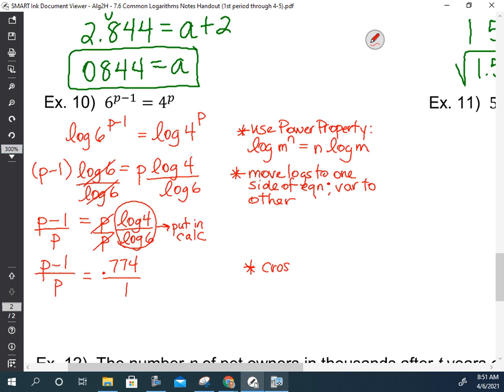Now we're going to go ahead and cross multiply. So you have 1 times p minus 1 equals 0.774 times p. So p minus 1 equals 0.774p. You don't want variables on both sides, so subtract p on both sides.